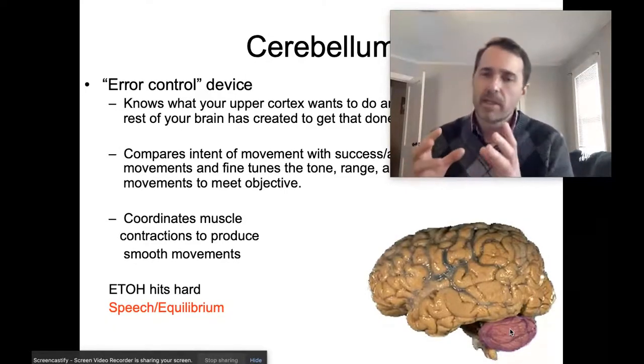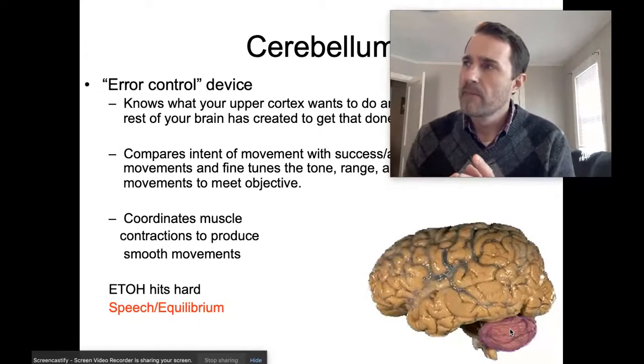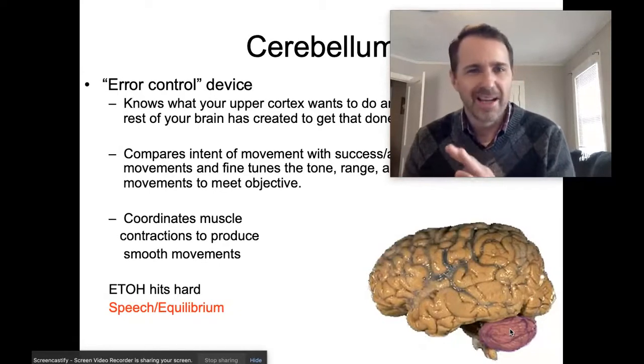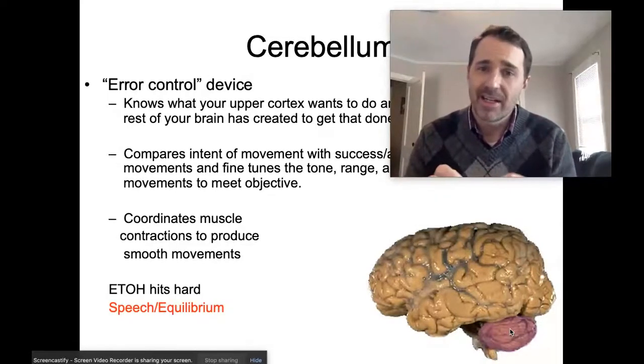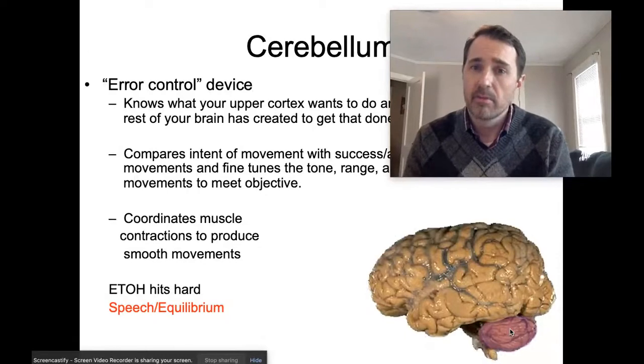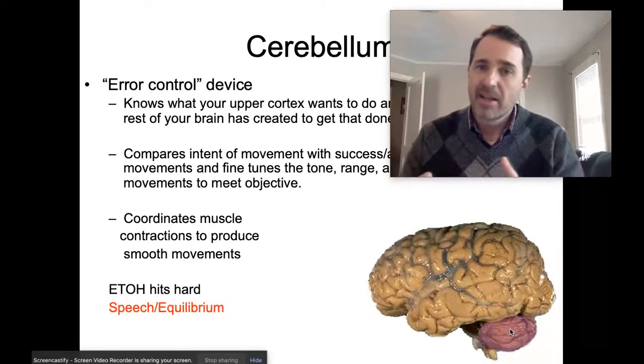The cerebellum is responsible for fine-tuning and coordinating our movements, monitoring our movements, and making sure there are not any errors in our movements. Errors in tone of muscle, range of movement, force of movement.